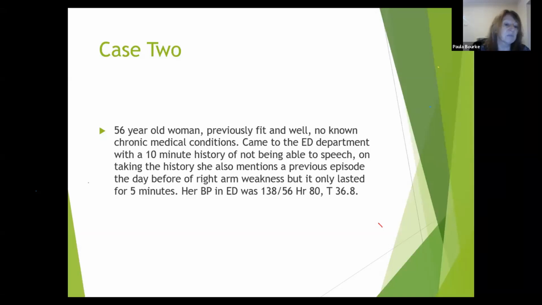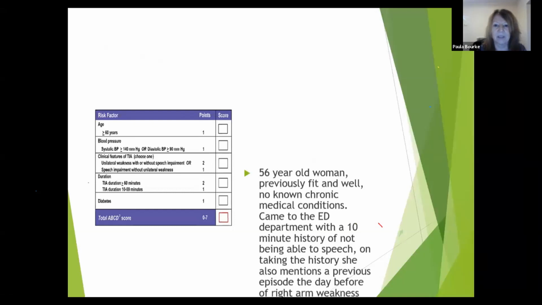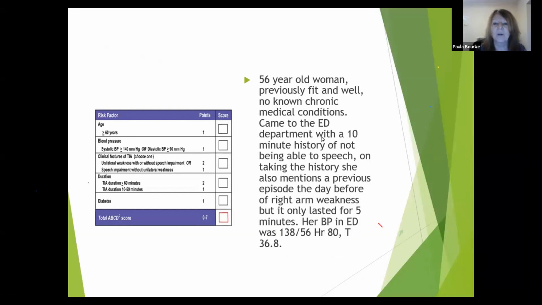So it's 138, she scores nothing, 0. Then you're looking at C, right? What you're looking for is clinical features. The first time, she's not able to speak. So she would score a 1, okay?